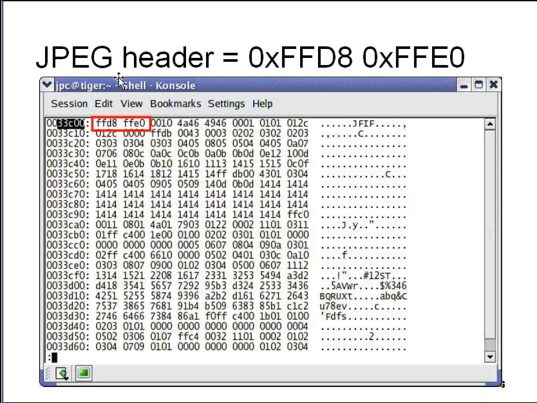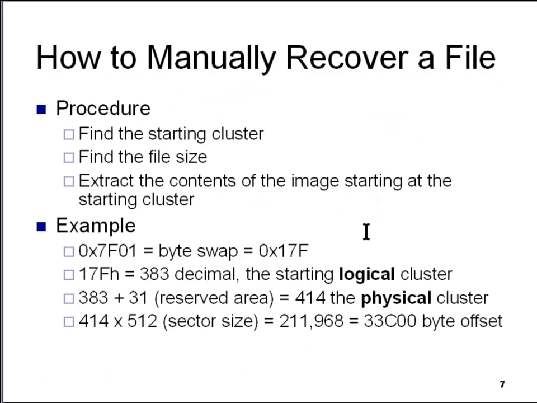Well, it just so turns out that right there is the header for JPEG. Recall this had a JPEG extension, which means that we know that at least part of the file is still available. Okay, so let's manually do this. The procedure: find the starting cluster, find the file size, and then extract the contents of the image starting at the starting cluster, and voila, hopefully you've got something.